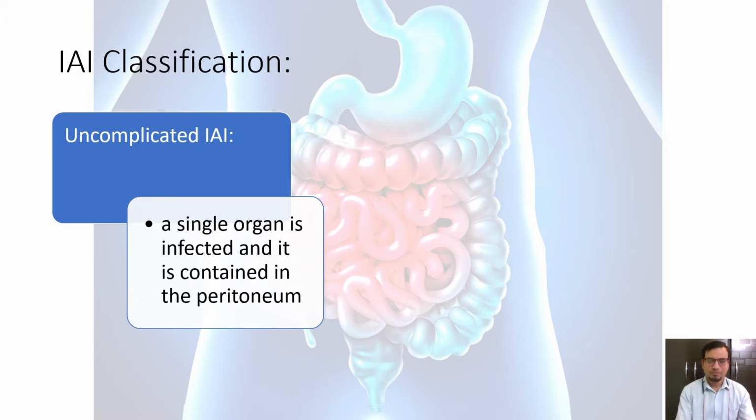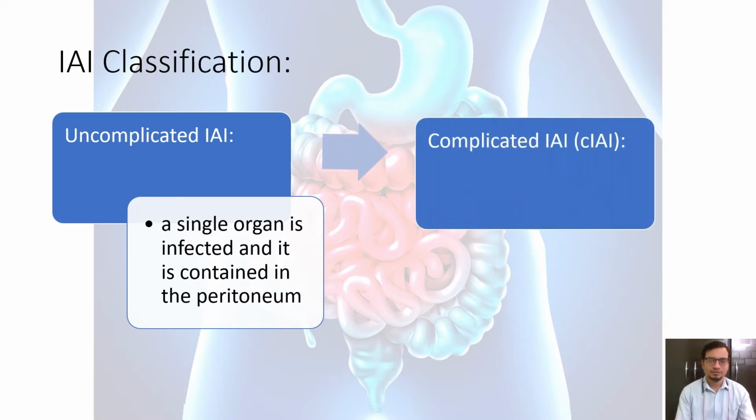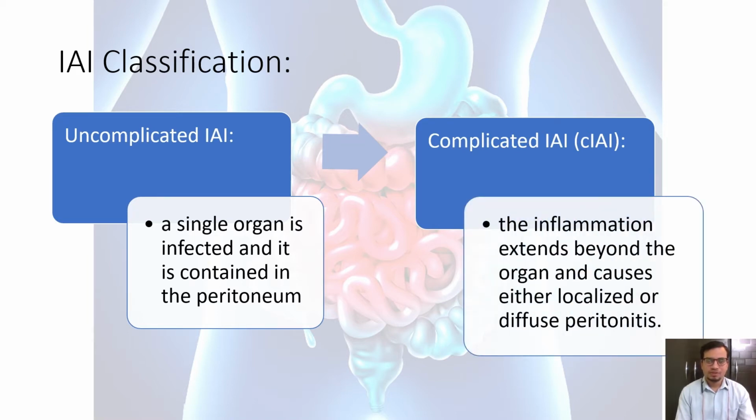But sometimes they may progress to complicated intra-abdominal infections, which have a poorer prognosis, in which the inflammation extends beyond the organ and causes either localized or diffuse peritonitis. They may definitely require emergency or urgent surgery.